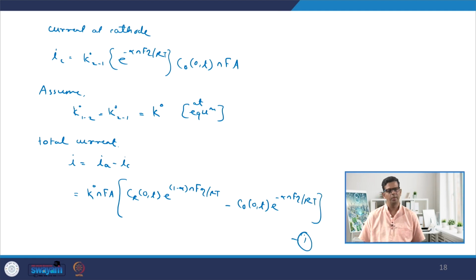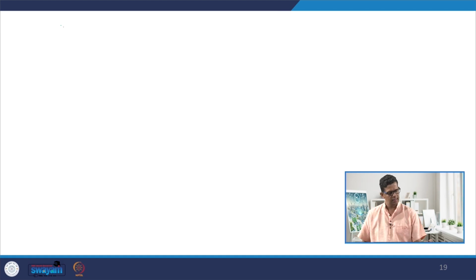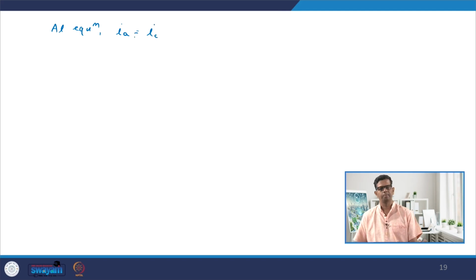We have substituted for the anodic current and the cathodic current, and now at equilibrium the anodic current and cathodic current will be the same, or in other words, the net current I will be 0.